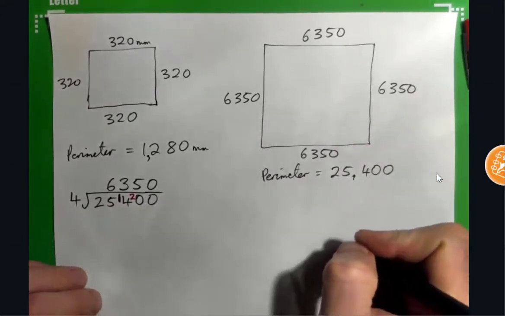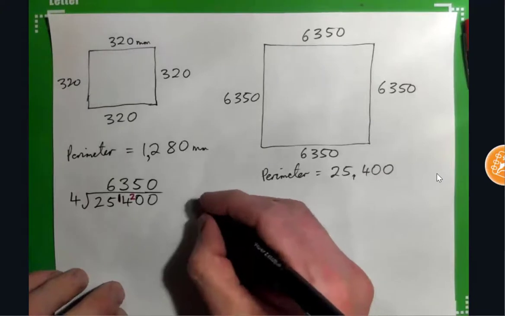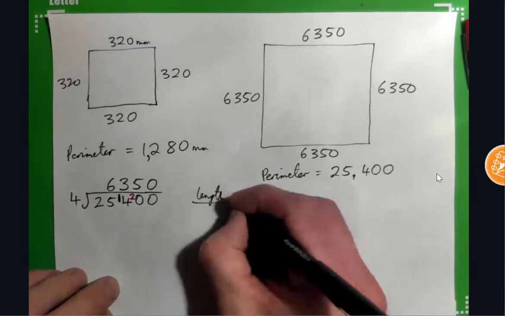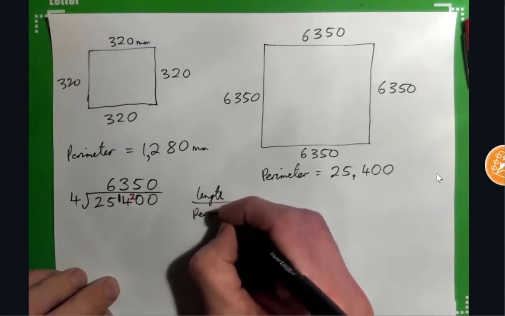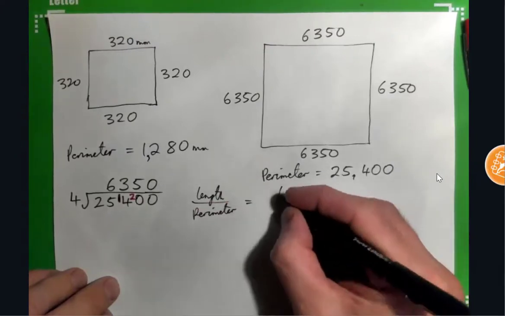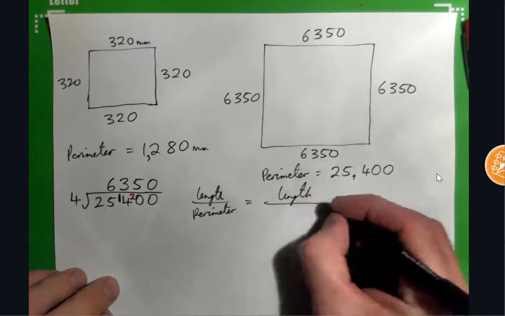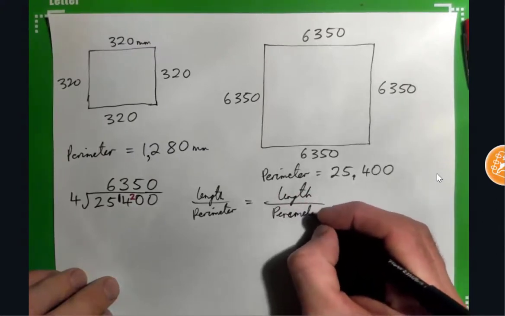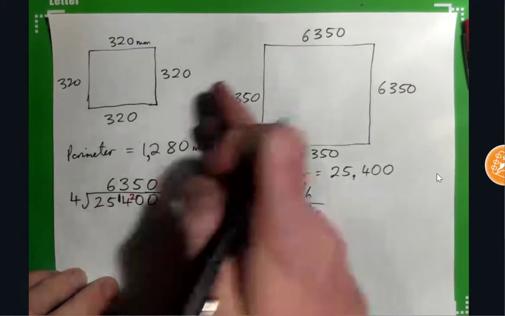Now the other way to do it is we could say that the length over the perimeter must equal the length over the perimeter for each chessboard.